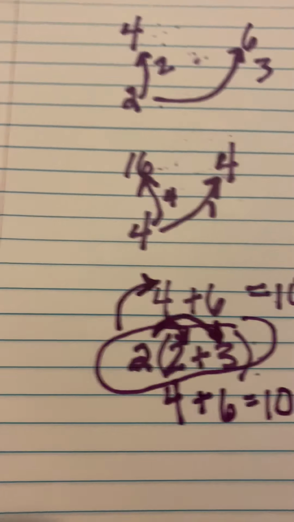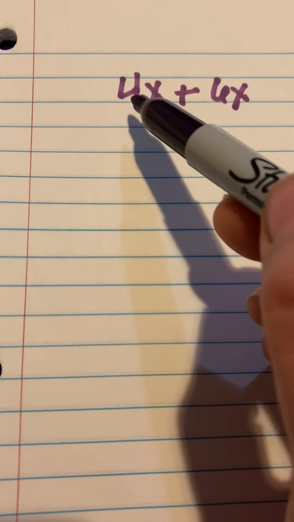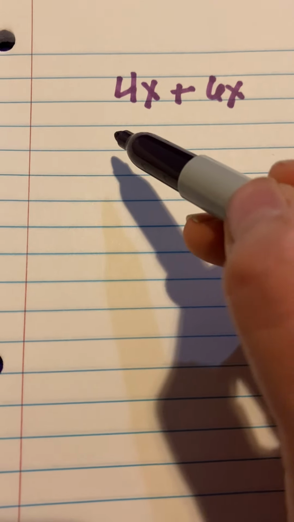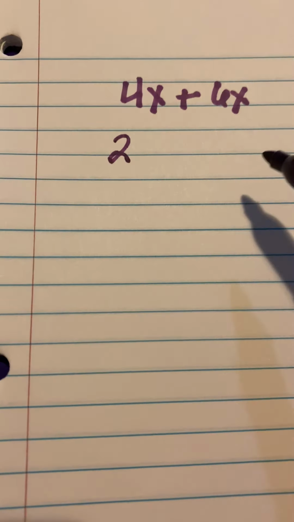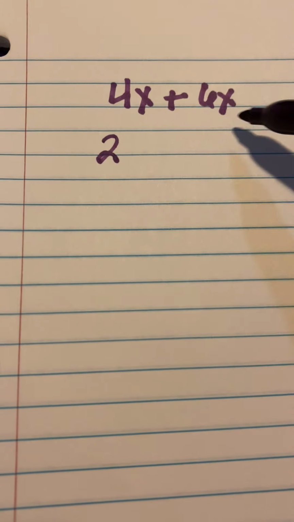Okay? So now we're going to start adding some variables to that, and my paper is getting more and more messy. I better go to the next page. So let's say we have 4x plus 6x. Well, I can take groups of 2 out of each one of those, right? So I put my 2 on the outside. But I could also take out the x from each one.